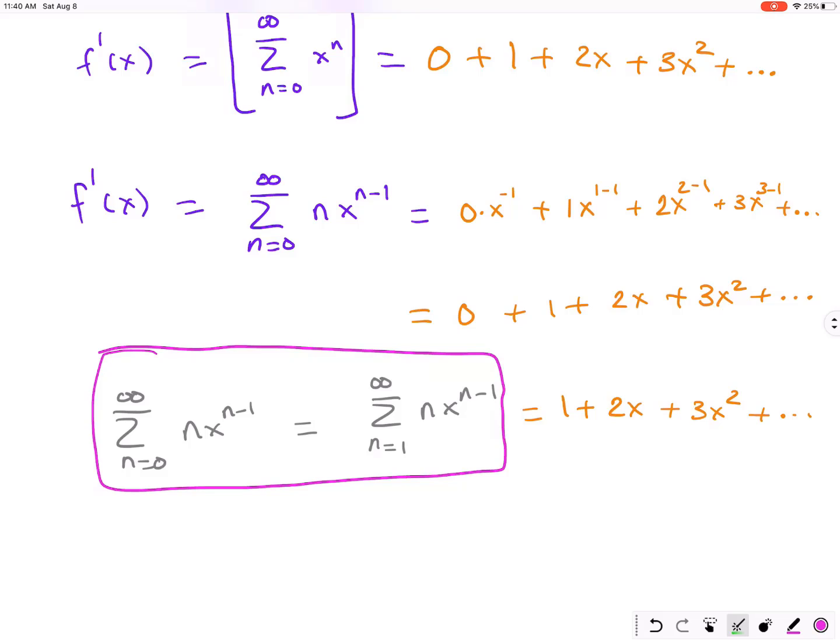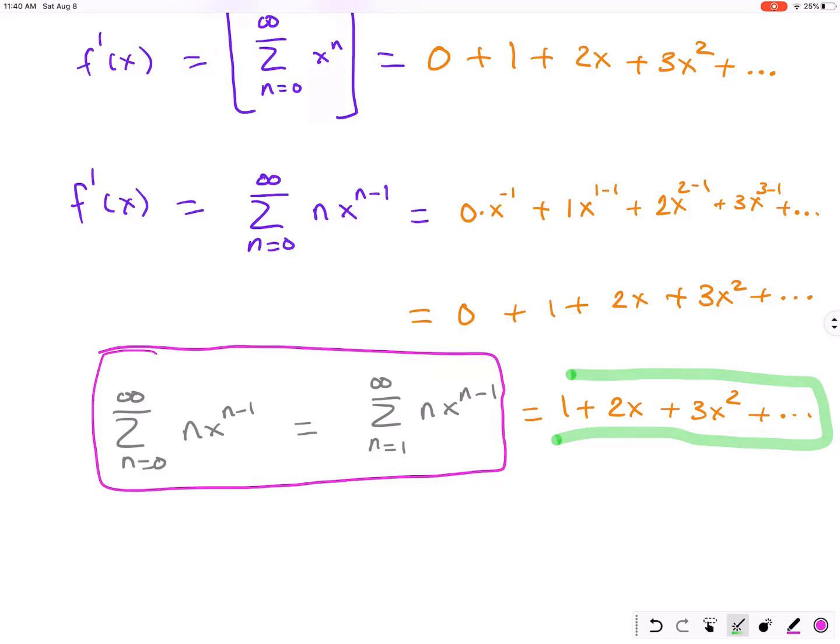And the reason for that is when n starts at 0, my first term is 0. When n starts at 1, my first term is still 0. I just don't write the 0, right? My first term that I write on the paper is 1, but the terms are exactly the same.